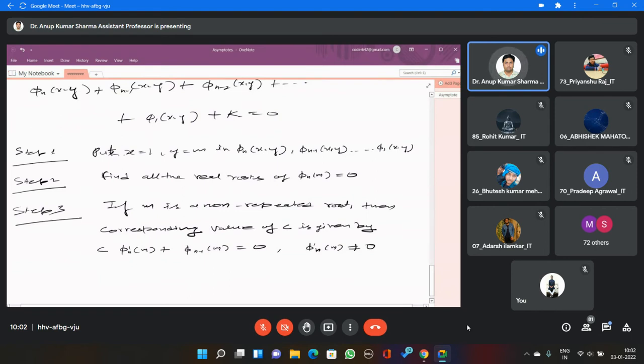So if m is a non-repeated root, then the corresponding value of c is given by this, because the oblique asymptote is y equal to mx plus c.